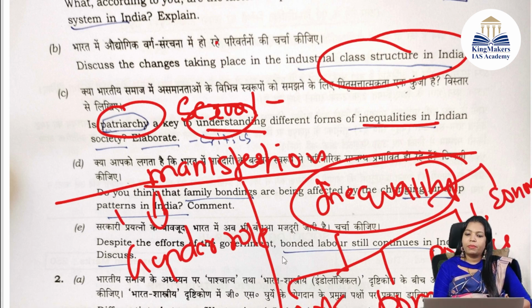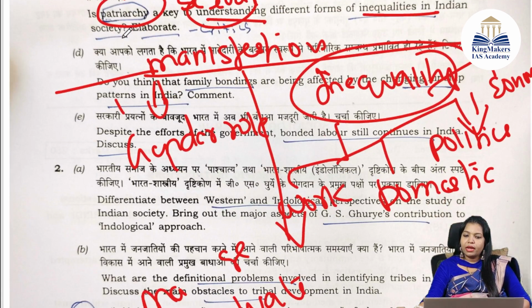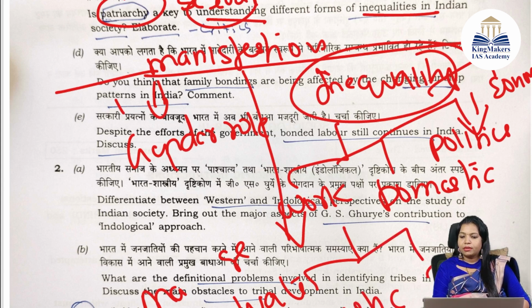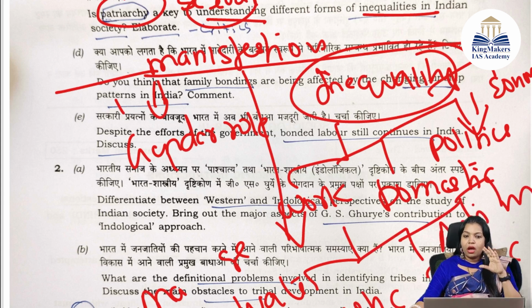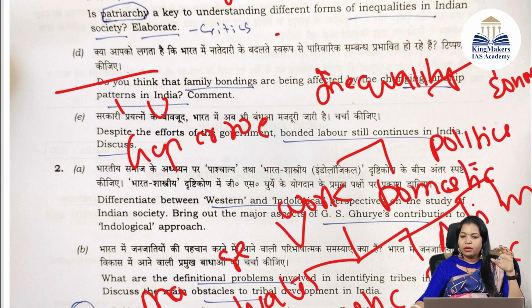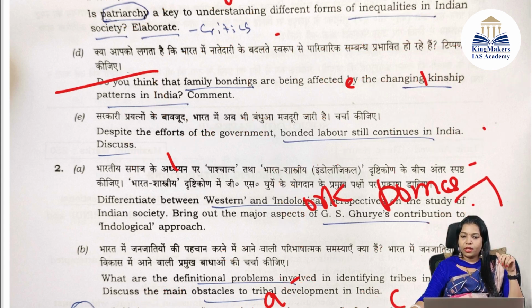This is how you have to look at it. When you say work, again it will come as work as domestic work, work as public work. Even work, you can contribute in agriculture, manufacturing and the service industry. See how much you can expand with different points in your answers.